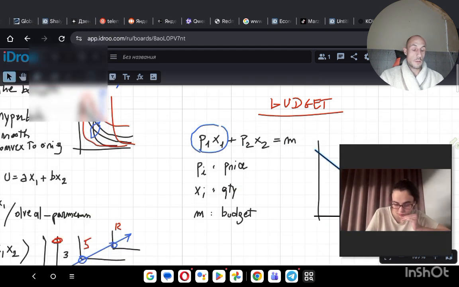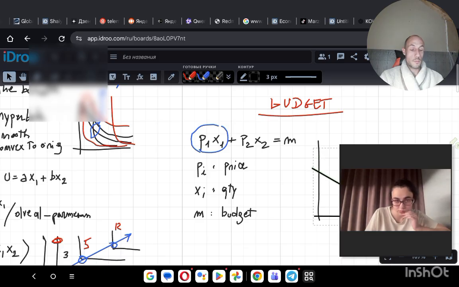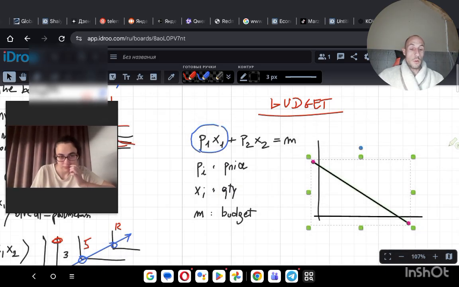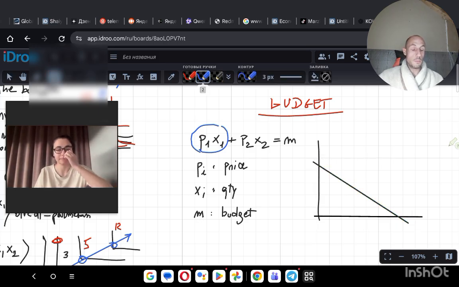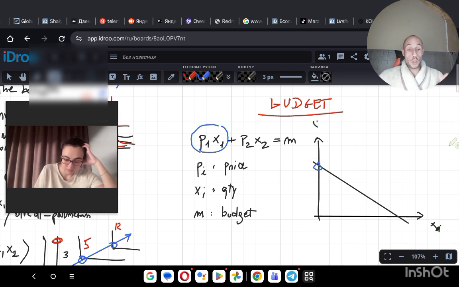So what is this value here? And what do we put on our axis? On our axis, we always put x1, the quantity of good 1, and this is x2, the quantity of good 2.